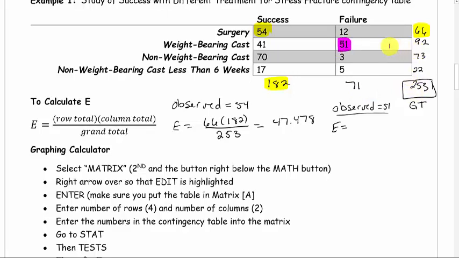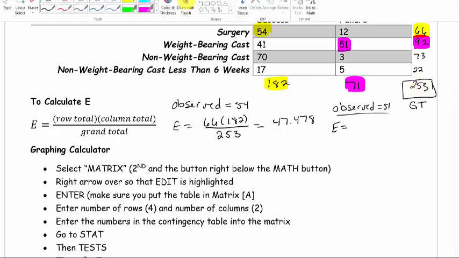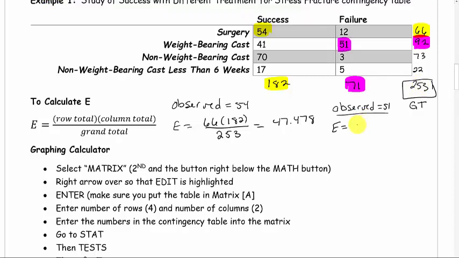For 51, we would need that row total, 92, the column total, 71, and divide by the grand total. When we do that, we get 25.81, and the 81 repeats. So you would have to do that calculation for every single value in your table.